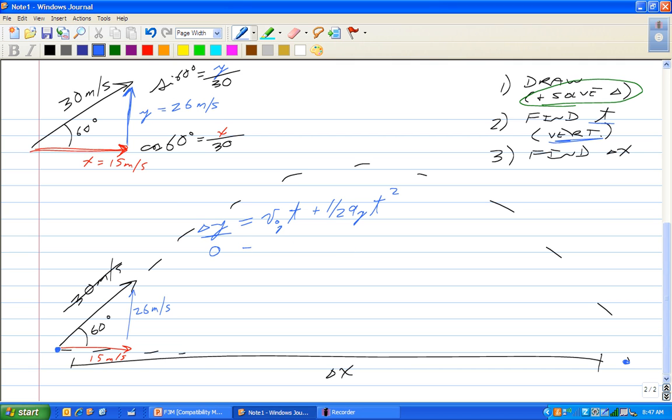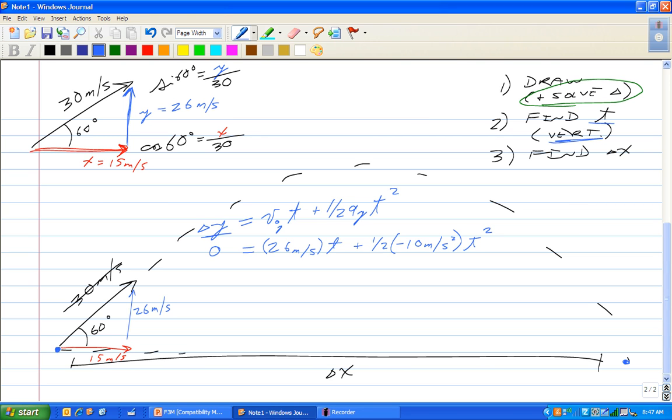So 0 equals, what's the initial vertical velocity? 26 meters per second times the time, which is what we're solving for, right? Plus 1/2. What's the vertical acceleration? Good. Negative 10 meters per second squared times time squared.